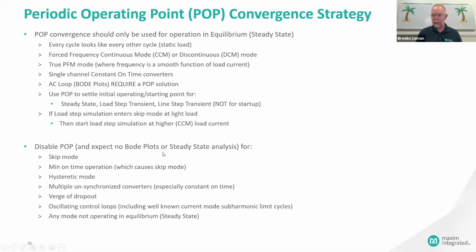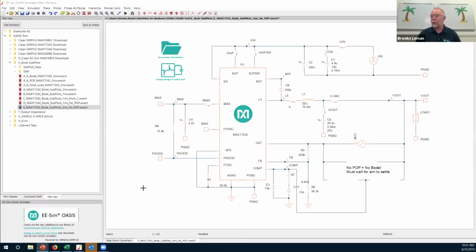That would be skip mode, minimum on-time operation, which is a way of triggering skip mode, hysteretic mode, multiple unsynchronized converters or constant on-time converters, bridge dropout, oscillating control loops. Any mode not operating in equilibrium are all modes where you would not ask for a POP solution.